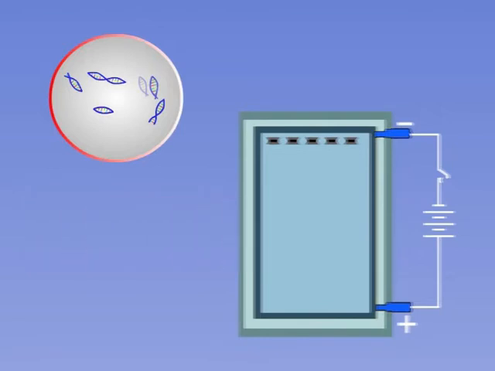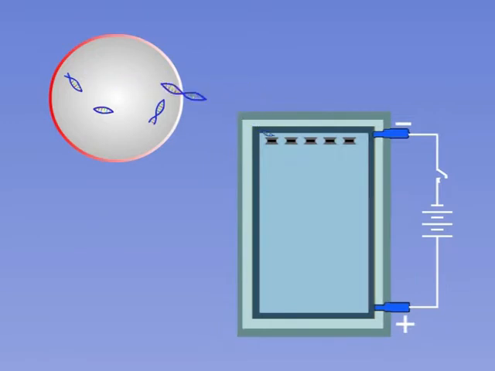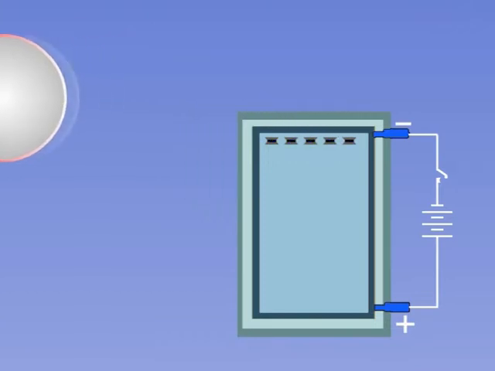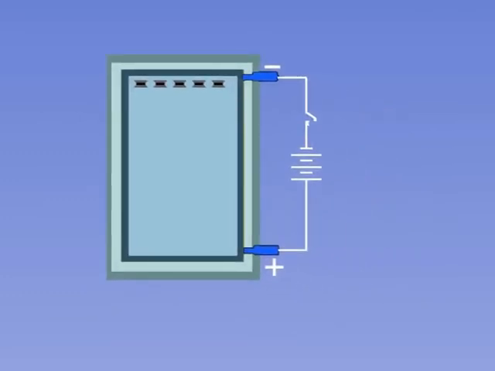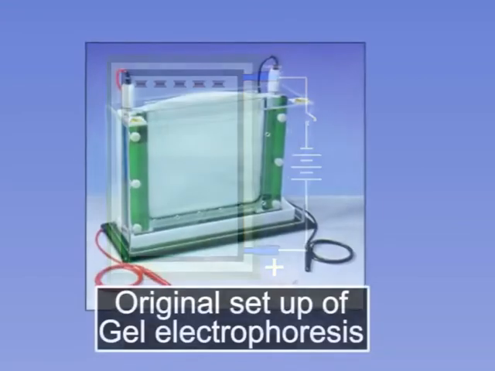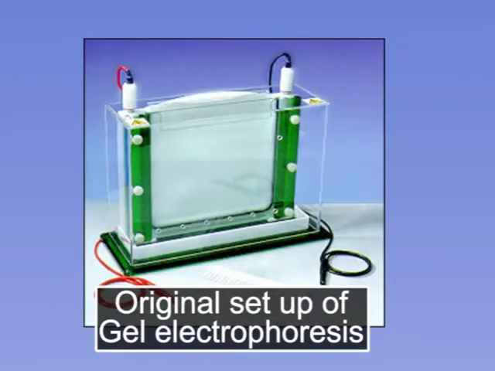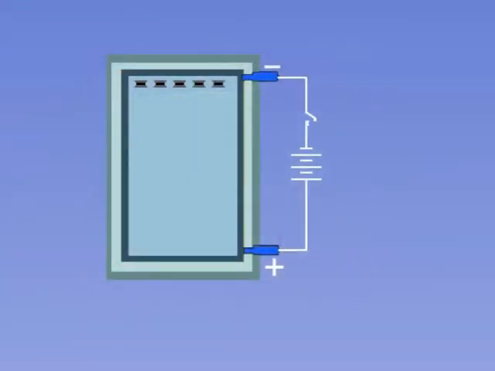The DNA is poured into a gel, such as agarose, and an electrical charge is applied to the gel with the positive charge at the bottom and the negative charge at the top. Because DNA has a slightly negative charge, the pieces of DNA will be attracted towards the bottom of the gel.